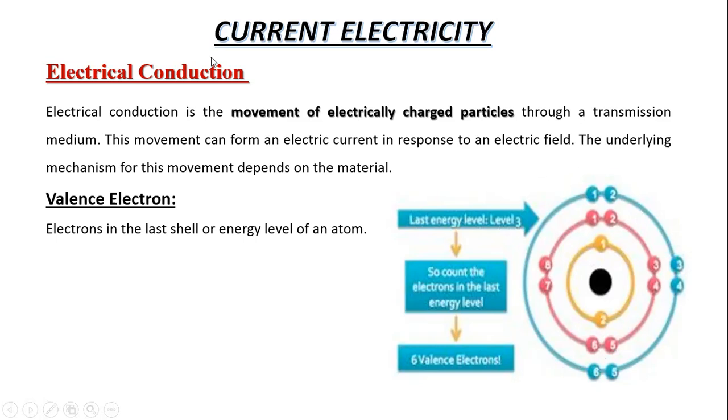But when you pick one electron out of this atom, what will happen? It will create a void, an empty space, at the place of this electron when it jumps out of the last valence shell, the last energy orbital. There will be a vacant space at this position.